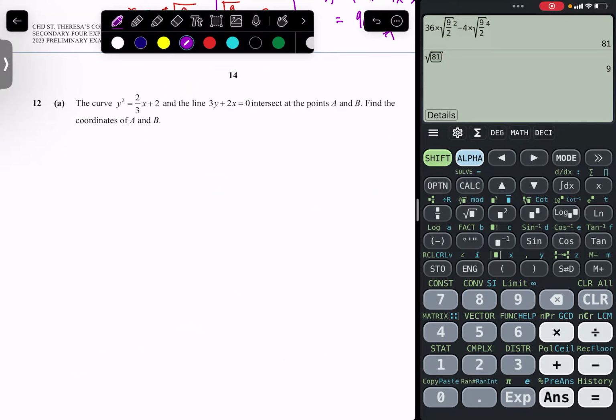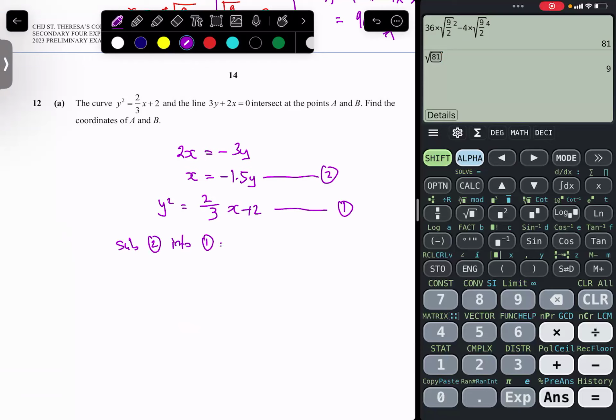So 2x equals negative 3y, x equals negative 1.5y, equation 2. Equation 1 is y squared equals 2 thirds x plus 2. Sub 2 into 1: y squared equals 2 thirds multiplied by negative 1.5y plus 2.